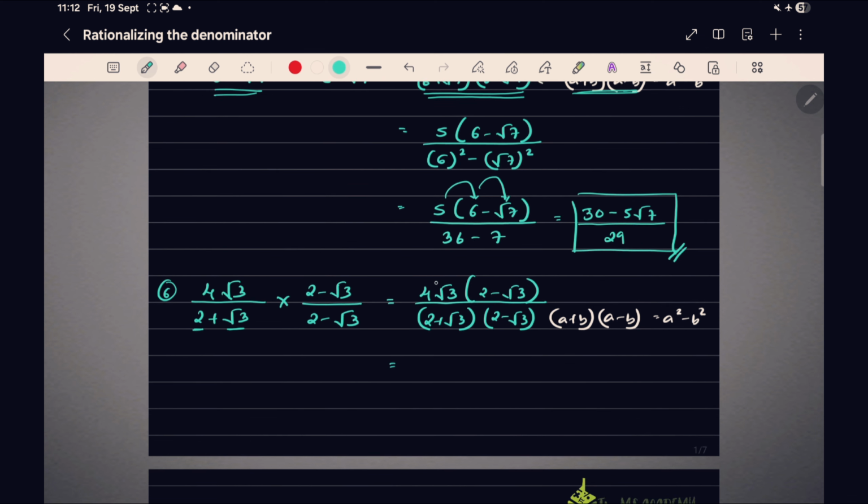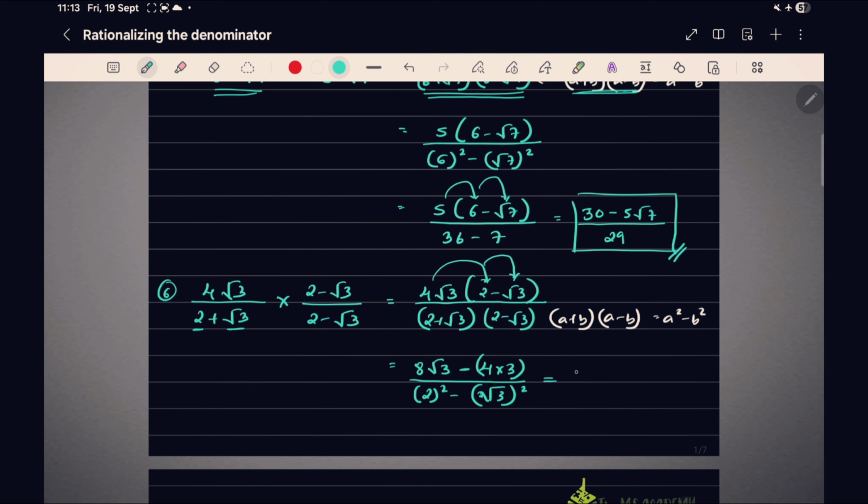So this becomes 4 root 3 into 2 is 8 root 3, because a rational number cannot get multiplied to an irrational number, and this is further going to get multiplied with root 3, so that is minus 4, and root 3 into root 3 is going to give 3 upon, this can be written as 2 square minus root 3 the whole square.